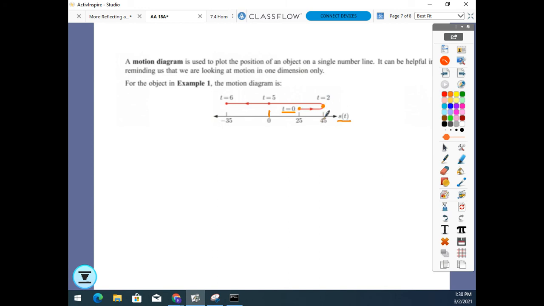At time 2, it's at position 45, and it changes direction and starts going back to the negative side. At time 5, it's at position 0, and at time 6, it's at negative 35. So from time 0 to time 5, it is to the right of the origin, and from 5 to 6, it's to the left of the origin.